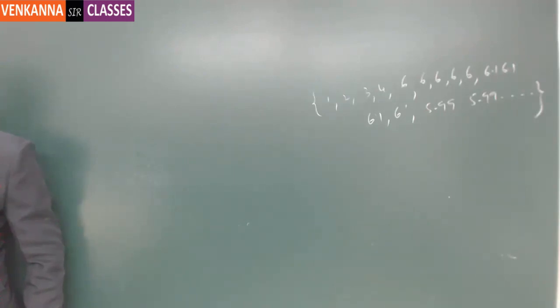Yes or no? Because what we are doing, if I have a sequence given, then you are simply checking whether it is a Cauchy sequence or not. If it is a Cauchy sequence, it is convergent. We are just verifying the condition of Cauchy sequence. If it is Cauchy sequence, by default it becomes convergent. That is what I stated.